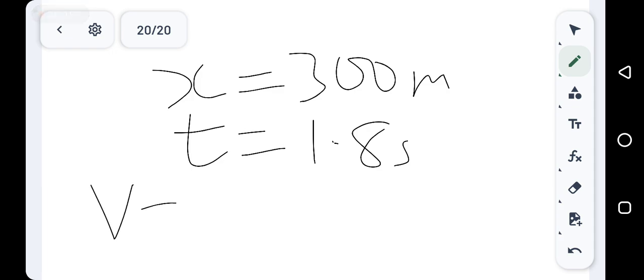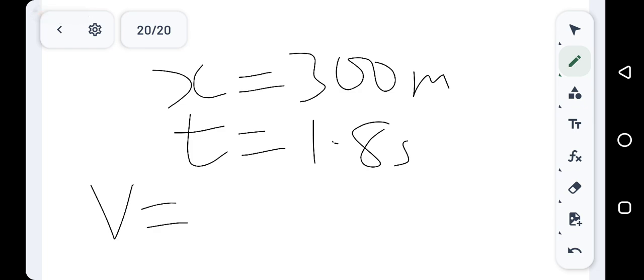V, velocity, of course we said velocity is equal to distance over time. In echo, you send a sound, then the sound travels and comes back to you. So it means that the sound is making two journeys. The journey to get to where it is going and then coming back. So instead of having one distance, it multiplies it by 2.